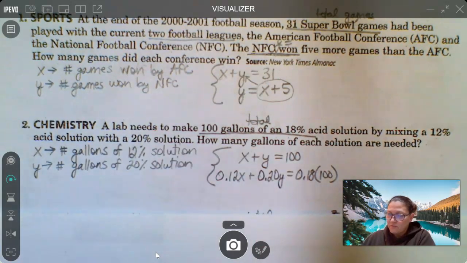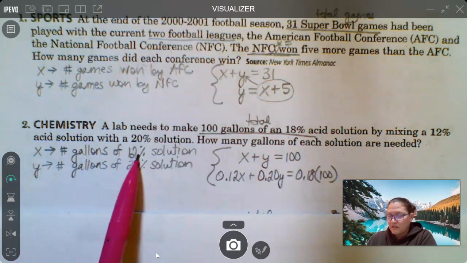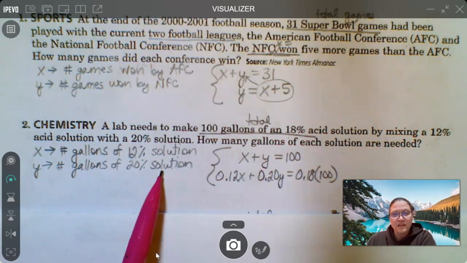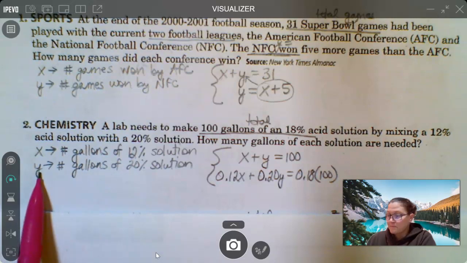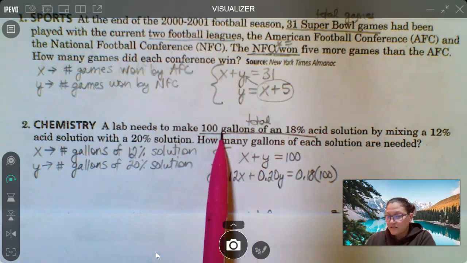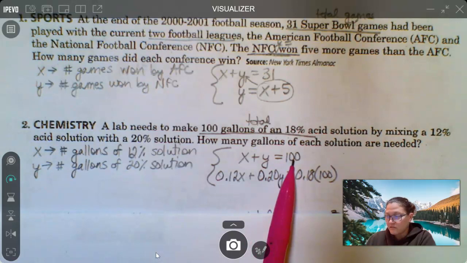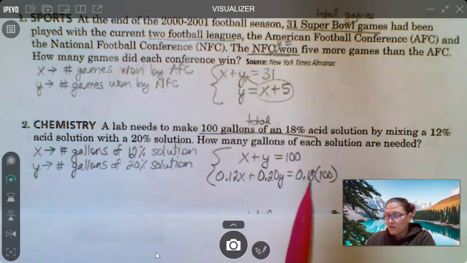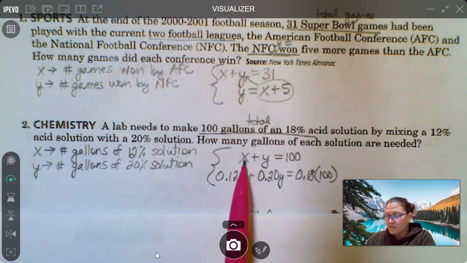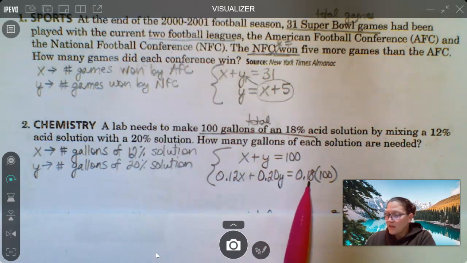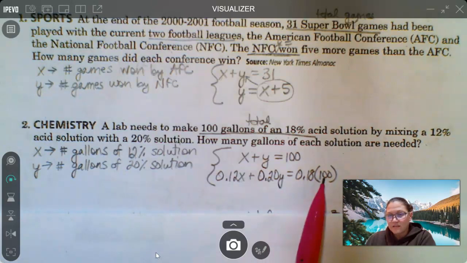Okay, so my variables are number of gallons of the 12% is represented by X. Number of gallons of the 20% is represented by Y. I know I have a total of 100 gallons, so X plus Y equals my total of 100. And then I'm doing my percentage ones. So 12% of the X is the acid, and then 20% of the Y is the acid in there. Will give me 18% of the acid in the 100 total.